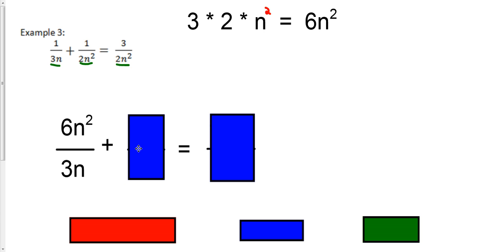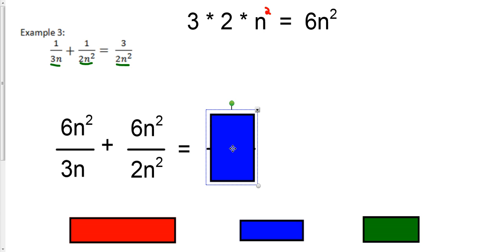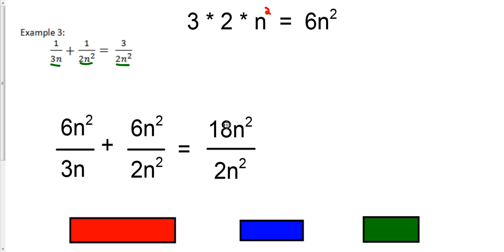When we multiply the second one by 6n squared, it stays 6n squared on top, because that times 1 stays itself, over 2n squared. And the last term turns into 18n squared all over 2n squared. Notice, none of the denominators change, we just multiplied each term by the same amount.